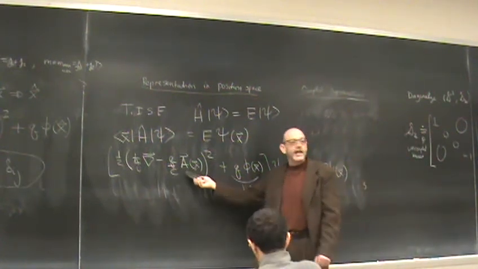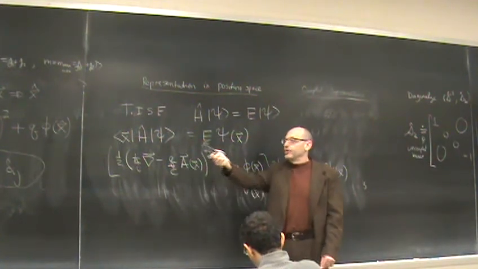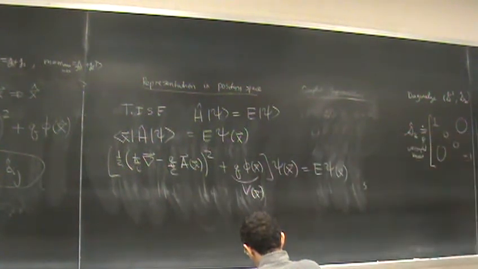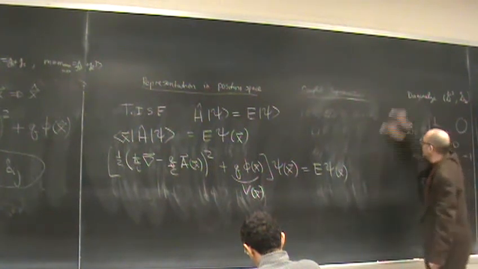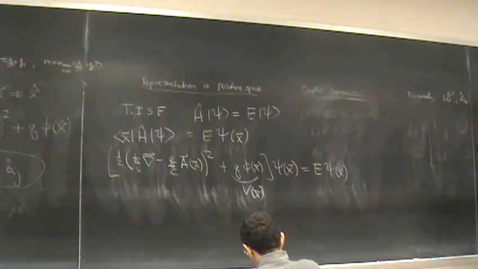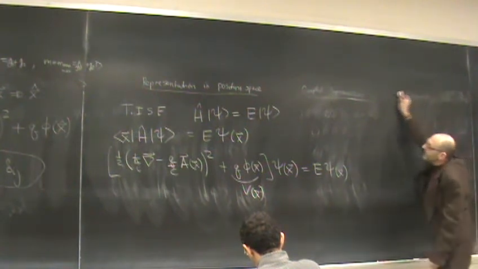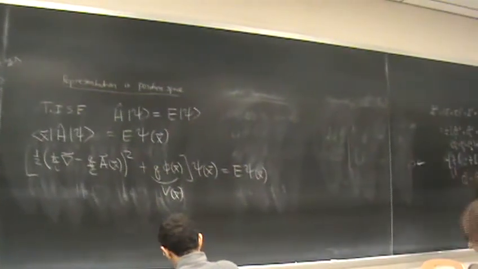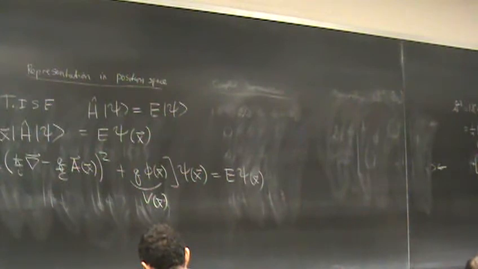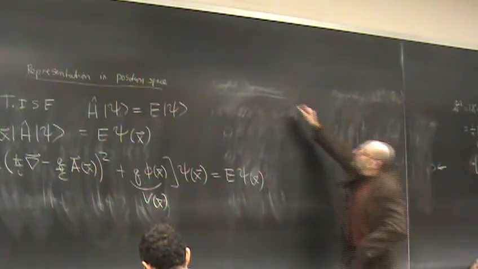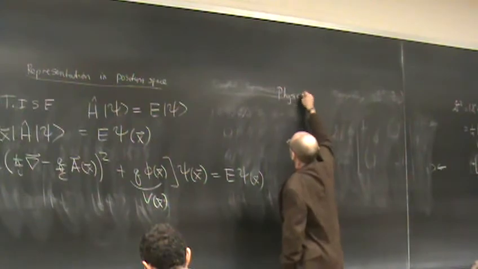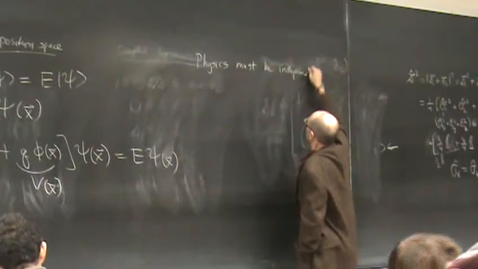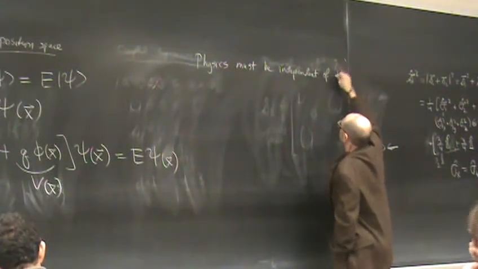Because obviously if I change A by adding to it the gradient of chi, it looks like I've changed the equation. The only way to deal with that is to say that the probabilities of any measurement I can do cannot depend on gauges. That's to say the physics must be independent of the choice of gauge.